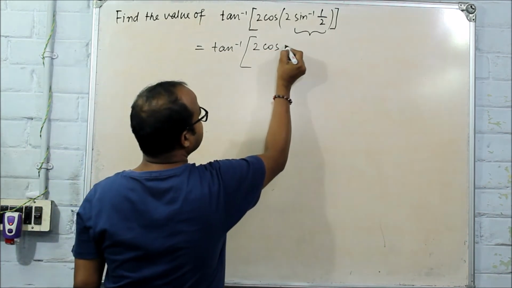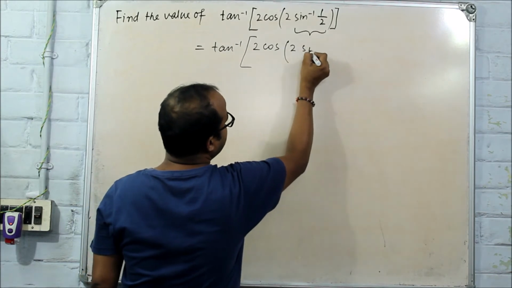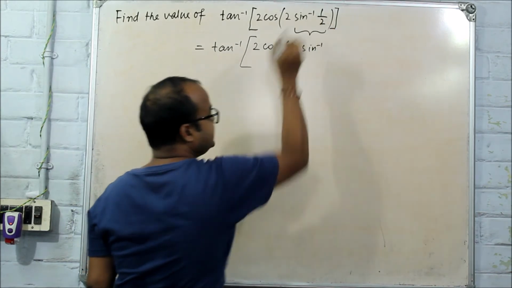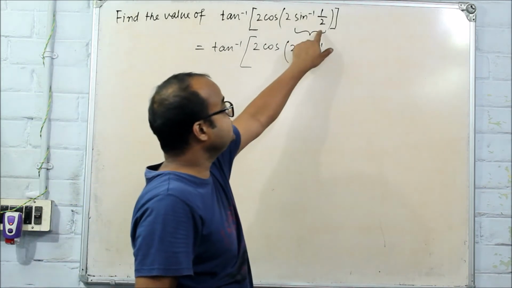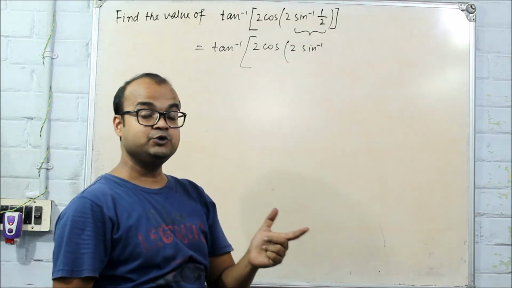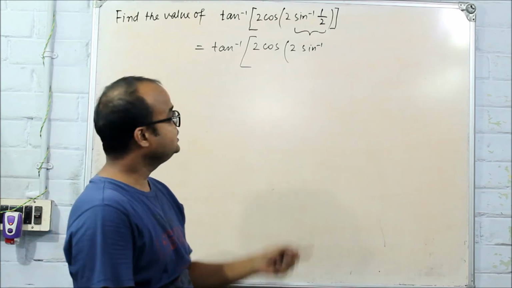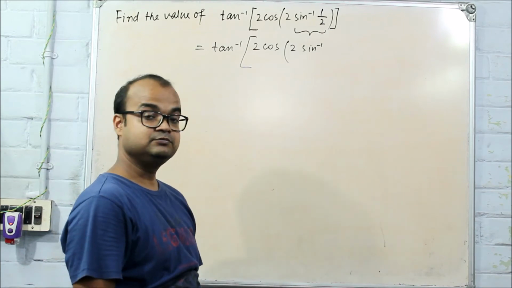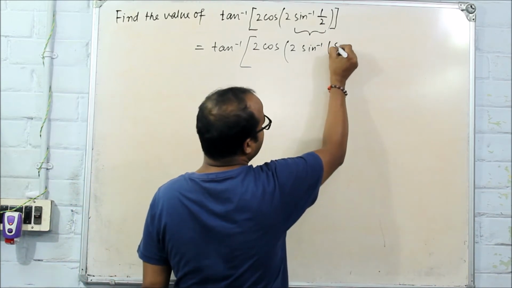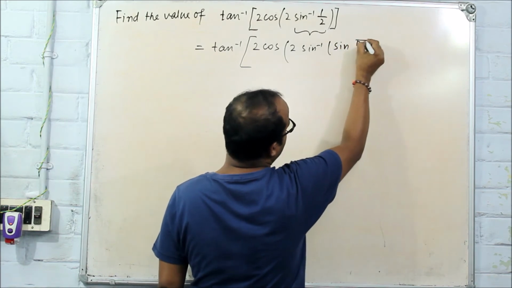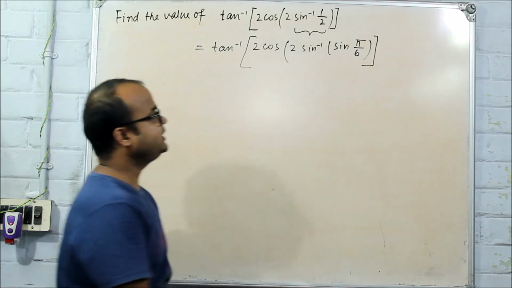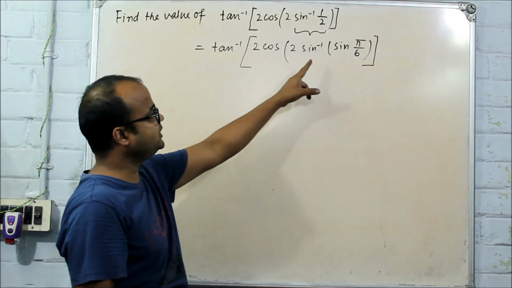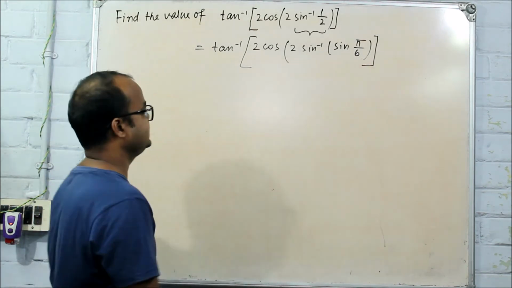Now this part is positive, so your corresponding angle belongs to the first quadrant. In the first quadrant we can write sine of pi by 6. Sine 30 is equal to 1 by 2. So in place of 1 by 2, I am writing sine of pi by 6.